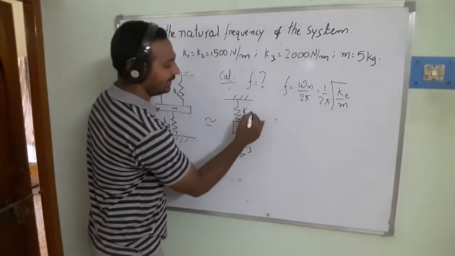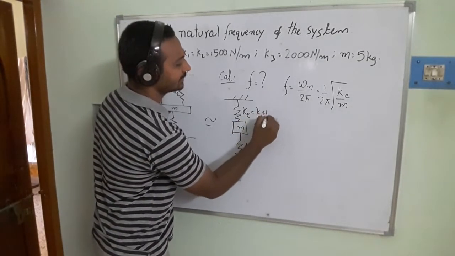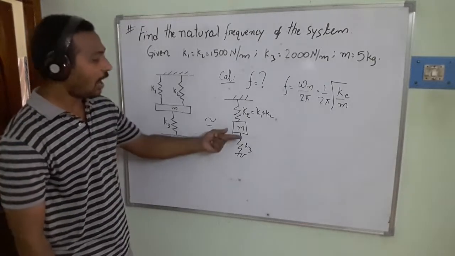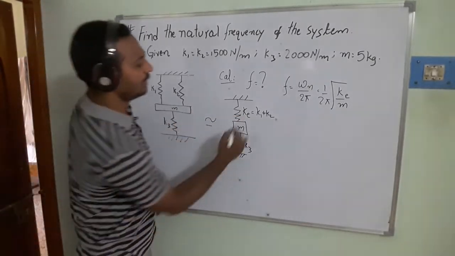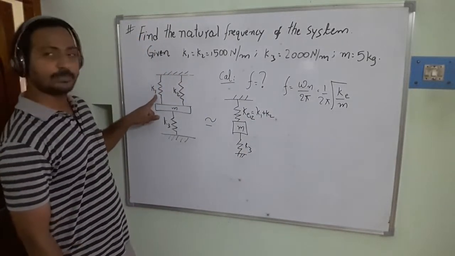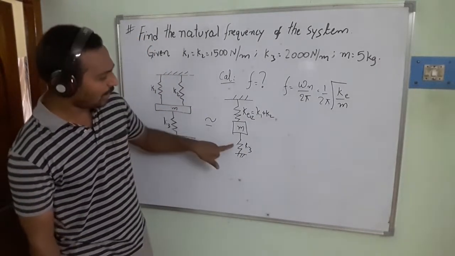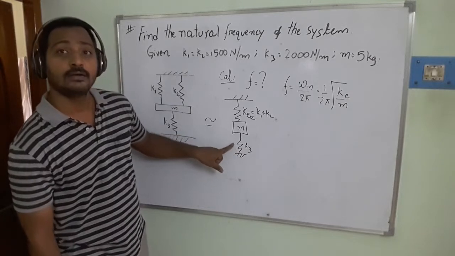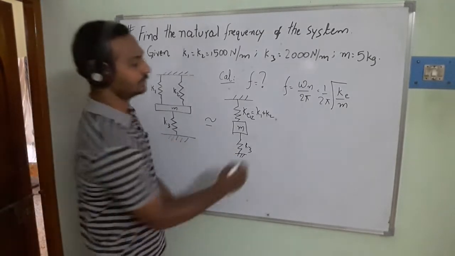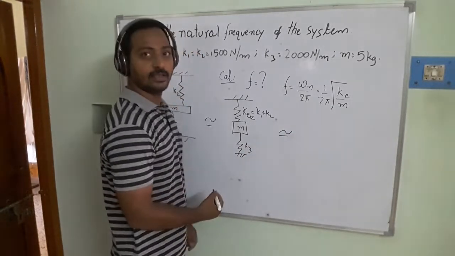The KE is equal to K1 plus K2. Right? That we got. I am going to call it KE12 because I have used spring 1 and spring 2. But now there are 2 springs in this system. And then how could we convert it? So I am going to simplify this.